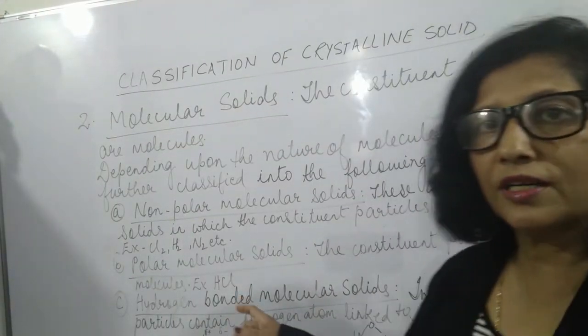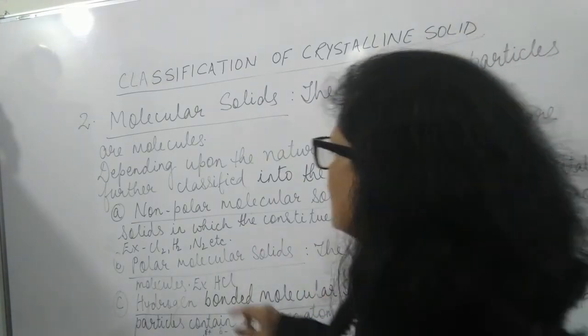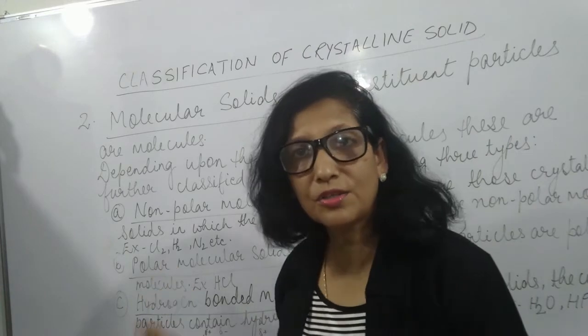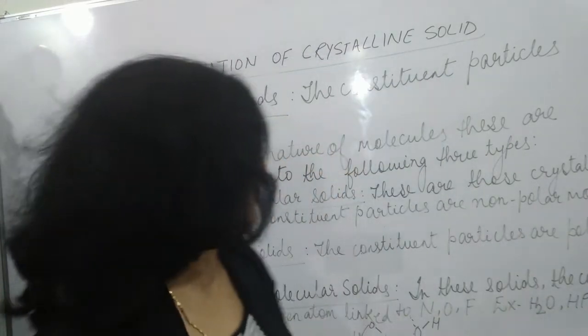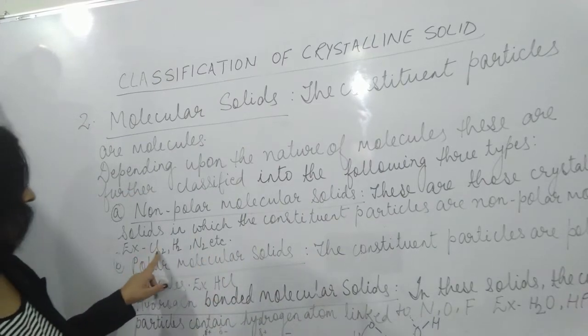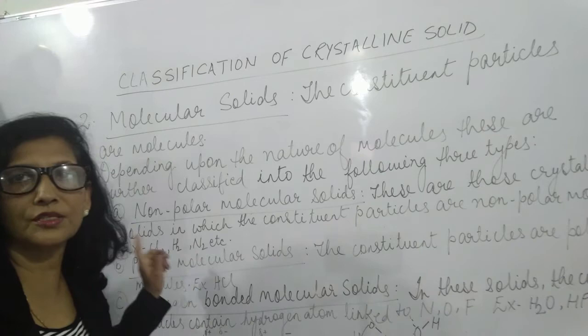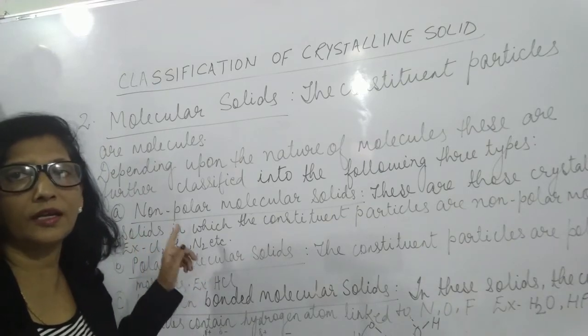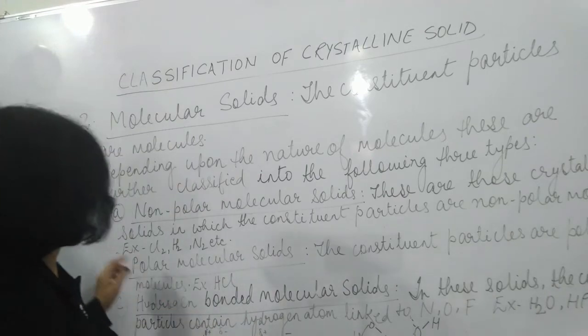Non-polar molecular solids are those crystalline solids in which the constituent particles are non-polar molecules. You can see here chlorine or Cl2, H2, N2, that is chlorine, hydrogen and nitrogen. They are non-polar in nature.